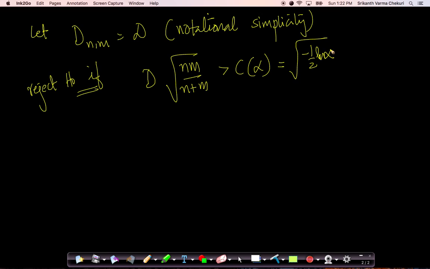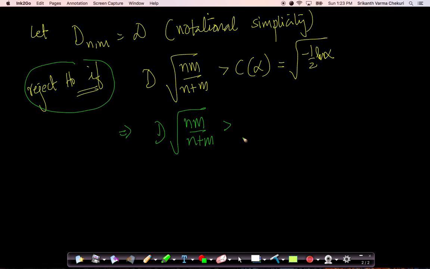We already have this formula here, right? So in other words, we reject the null hypothesis if D times the square root of nm by (n plus m) is greater than the square root of minus half natural logarithm of alpha. If I square both sides, the greater than still stays the same.